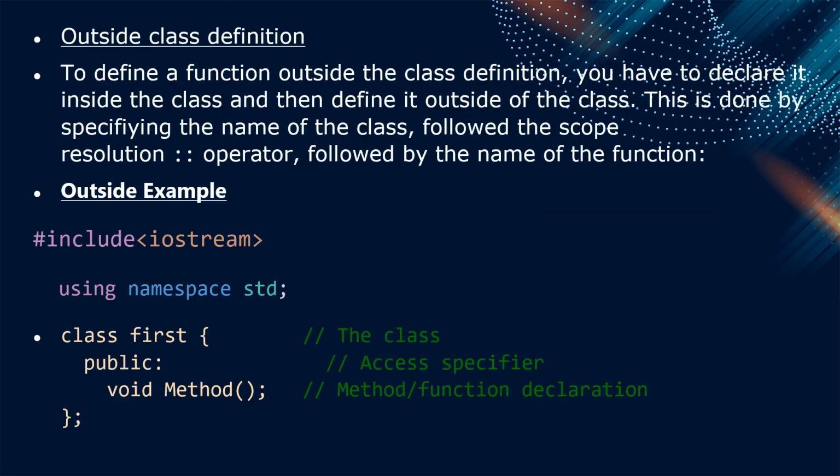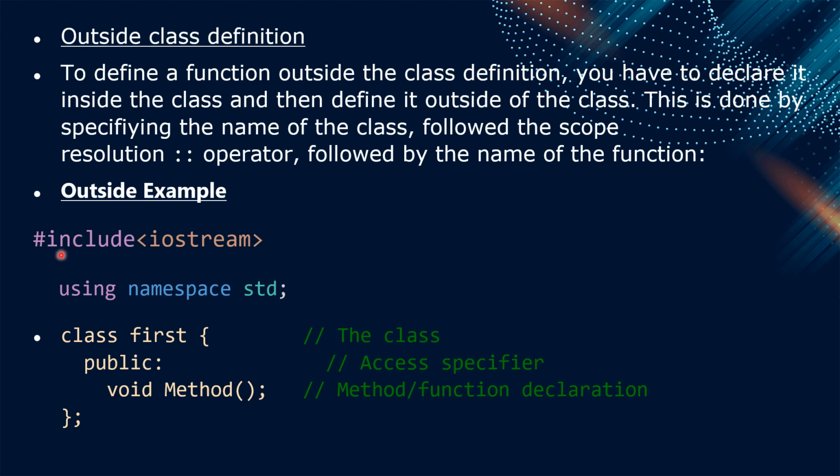After that we will discuss the outside member function. Now the outside class definition. To define a function outside the class definition, you have to declare it inside the class and then define it outside of the class. This is done by specifying the name of the class, followed by the scope resolution operator, followed by the name of the function.